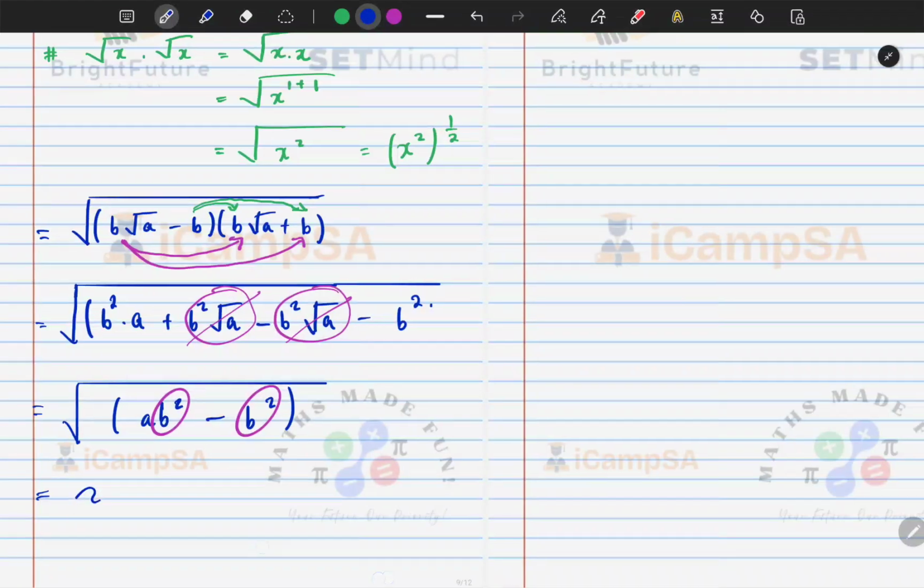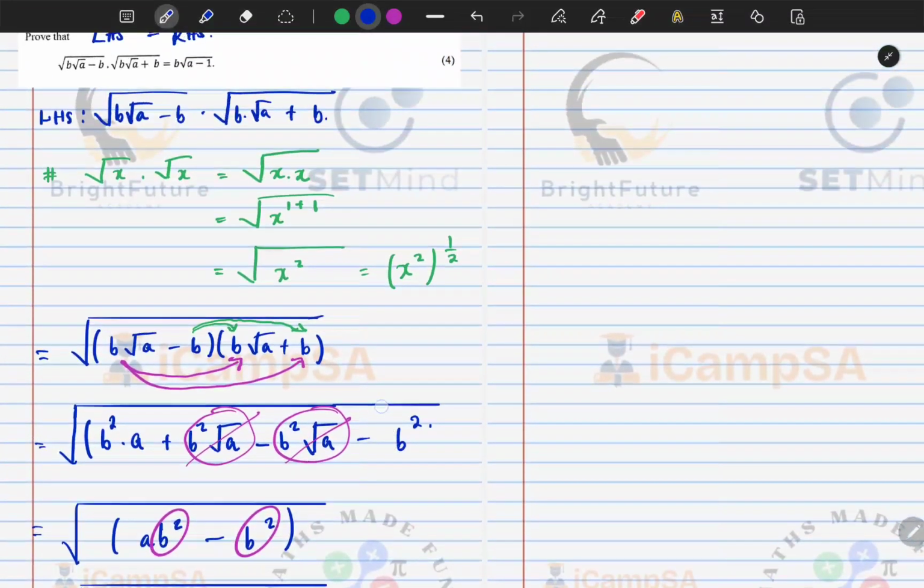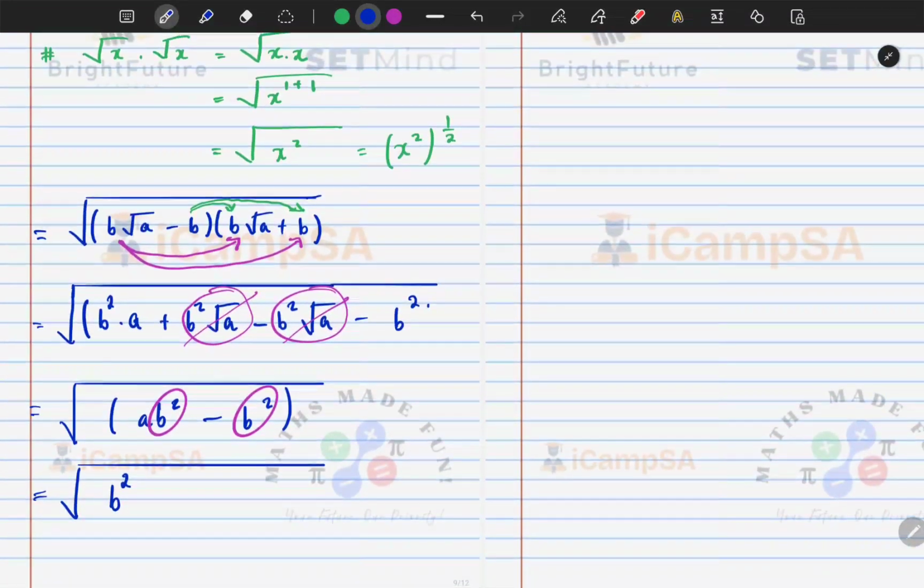So we are going to have b squared, open brackets, and then it's going to be a minus 1.